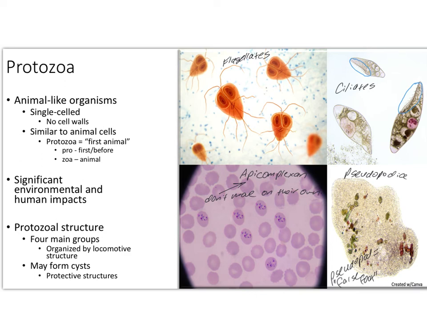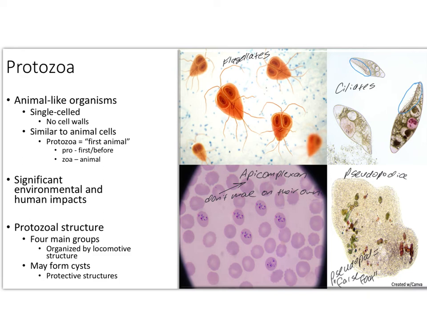So one example of these types of organisms are the protozoa that cause malaria. Malaria is a disease caused by protozoa. It's found primarily in the tropical regions of the world, and it is spread by mosquitoes.